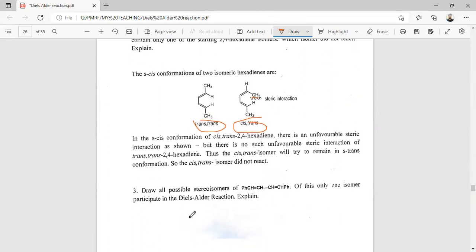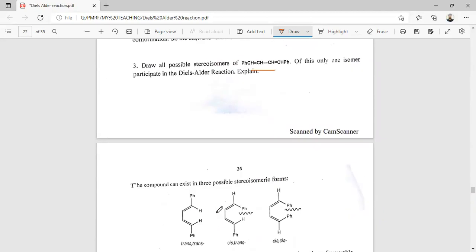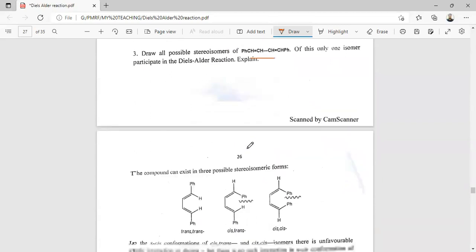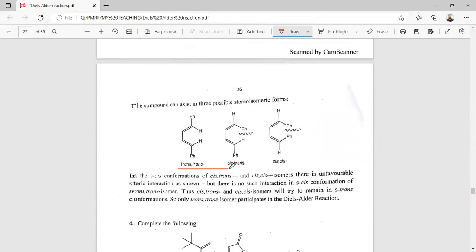Now the next question is: draw all the possible isomers of this molecule. Obviously, only one isomer participates in the reaction, and why? So this molecule has these three stereoisomers. One is trans,trans, one is cis,trans, and one is cis,cis. In the cis,trans and the cis,cis, there is a steric interaction with the phenyl hydrogen, and here the steric interaction is with the phenyl ring.